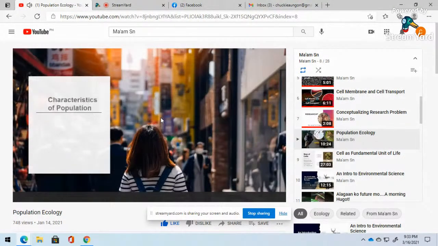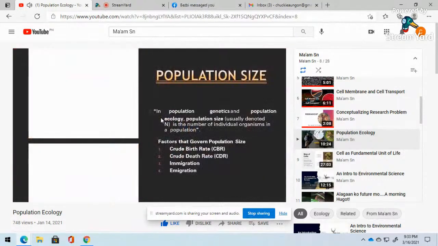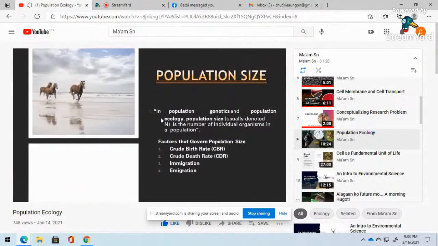Characteristics of population. Population size, usually denoted N, is the number of individual organisms in a population.